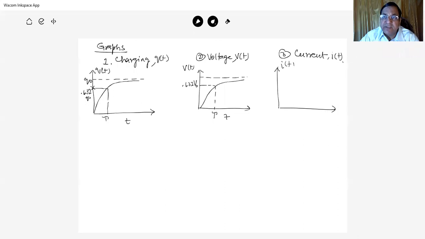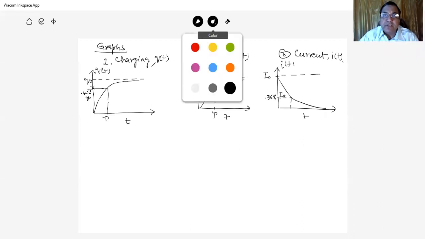This is I(t) with time. This value is something like this. This is I0, and this value is 0.368 I0. So this value is for one time constant.